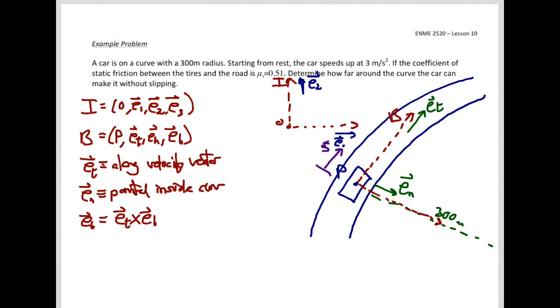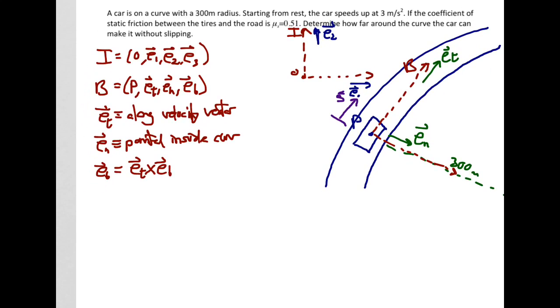And so we see now that we can go back to our earlier chapter where we were doing integration. This is going to be s double dot is equal to 3 meters per second squared.